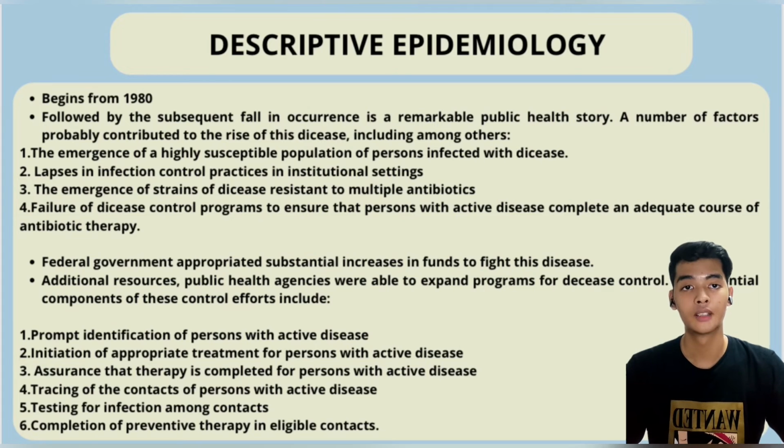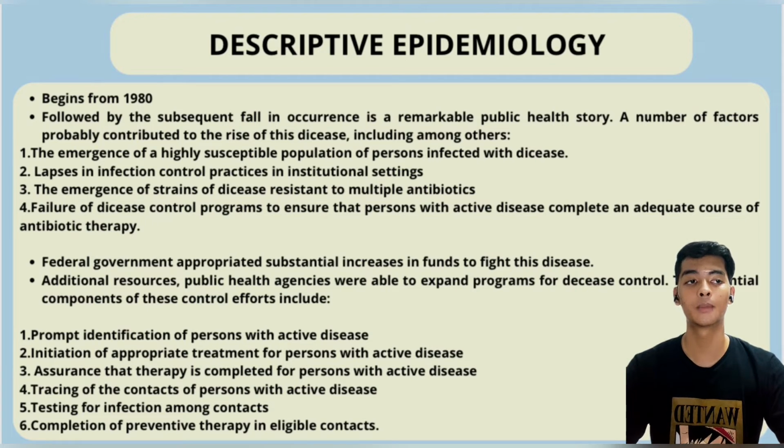Time: the rise beginning in the 1980s, followed by the subsequent fall in occurrence, is a remarkable public health story. A number of factors probably contribute to the rise of this disease, including, among others: First, the emergence of a highly susceptible population of persons infected with the disease.